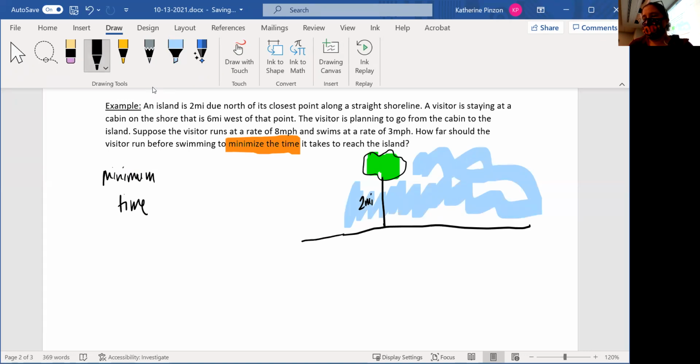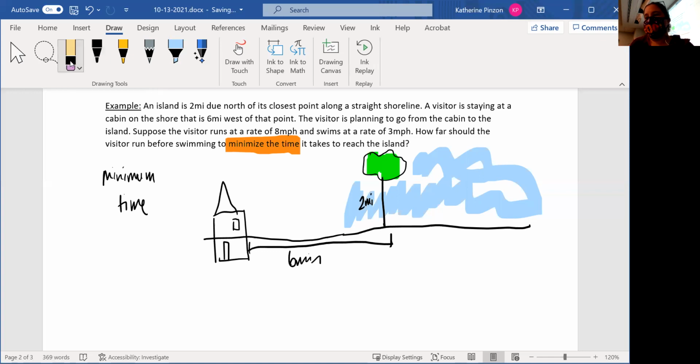Shoot, the cabin is west. Okay, here's the cabin. This is 6 miles west, not minutes, miles. Okay, more water over here.